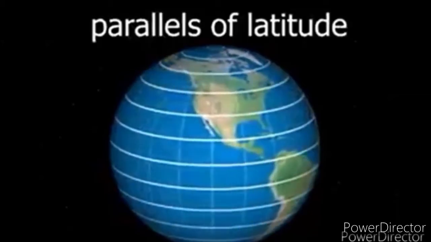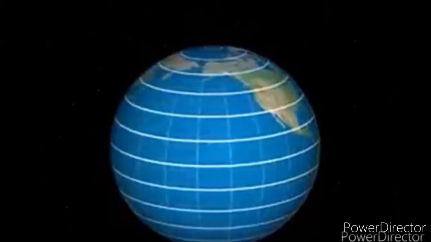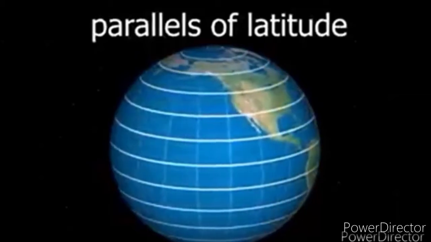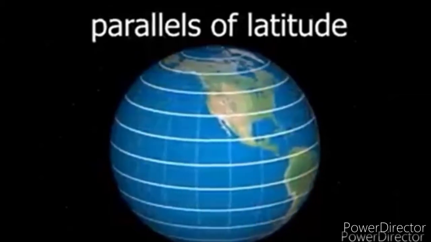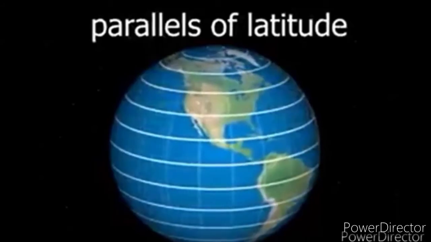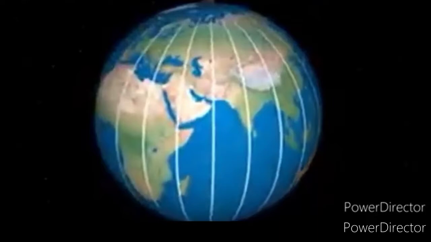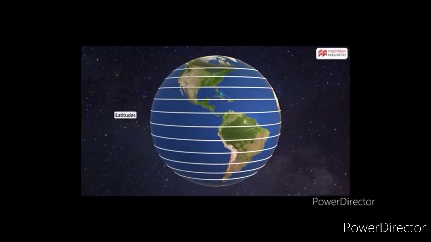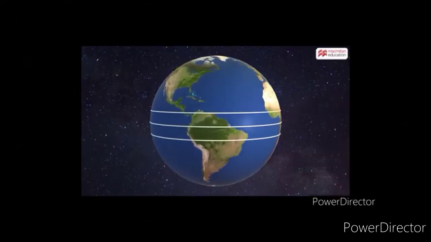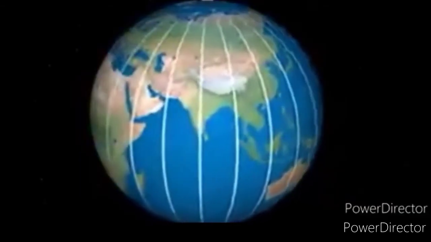Latitude means lateral, which means sidelong lines, or you can say leti hui lines, sleeping lines. And longitude means long lines.